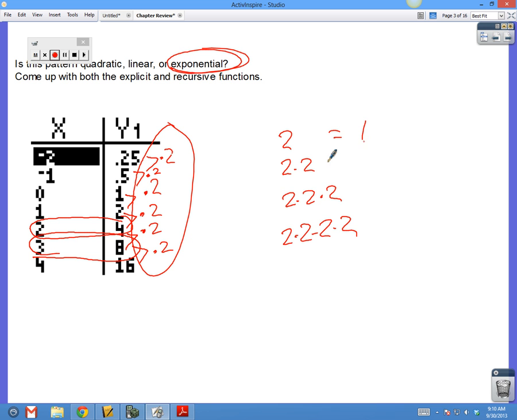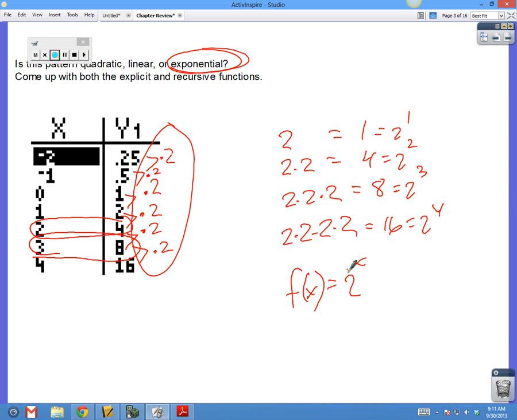This is 2, this is 4, this is 8, this is 16. So this is 2 to the 1, this is 2 squared, this is 2 cubed, this is 2 to the 4th. So your explicit function is going to be 2 to the x.